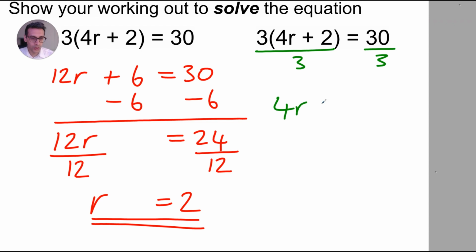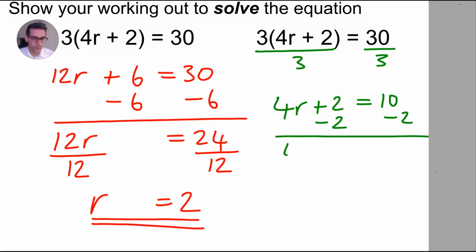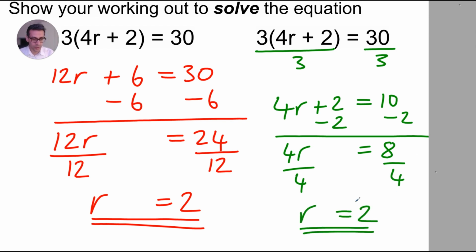So that's 4r plus 2 equals 10. I'm then going to take away 2 from both sides. So 4r equals 8. And then I'm going to divide by 4 both sides. So r is equal to 8 divided by 4, which is 2. So both methods work fine.